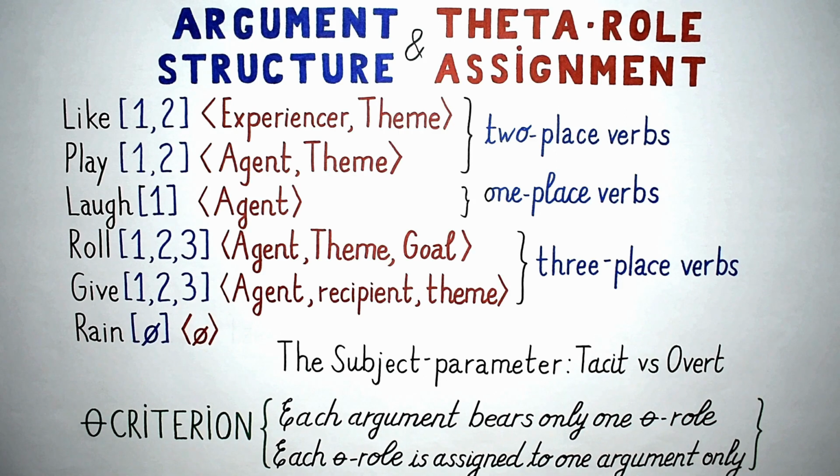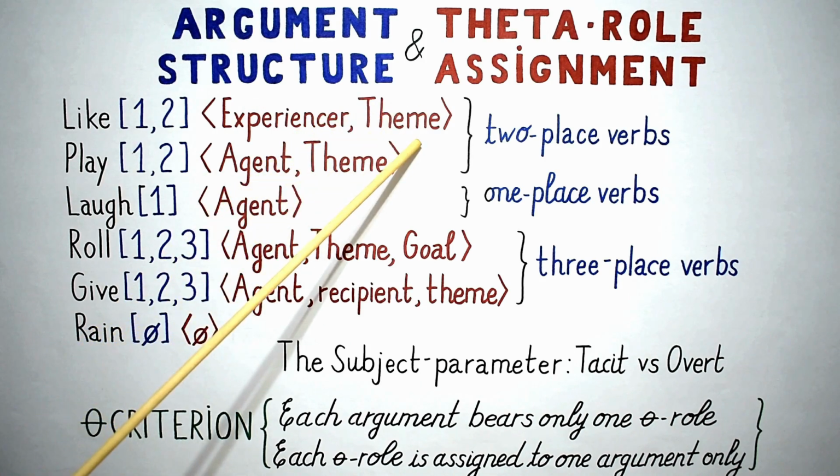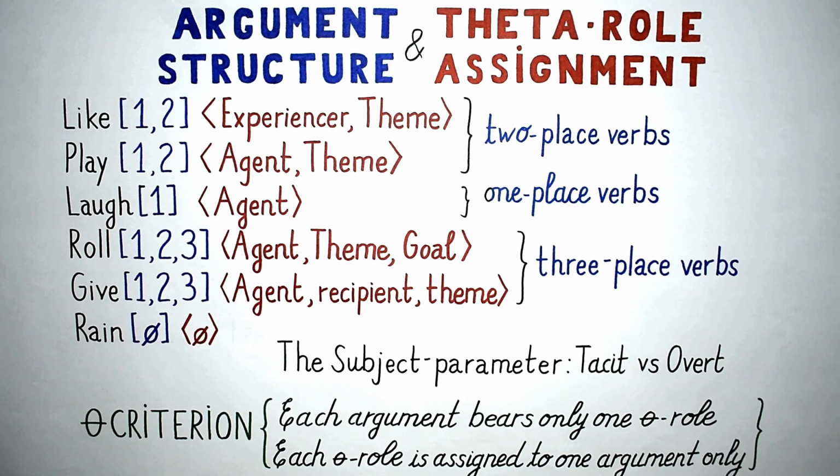So we have three elements. Again, predicator, like, and arguments or participants, I and tennis. And we said that these participants have theta roles. I will be the experiencer, and tennis will be the theme, the thing that we like, the object of our liking.